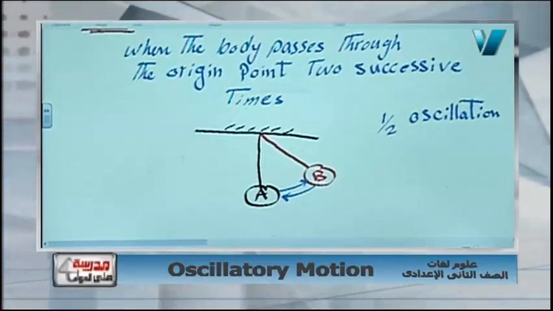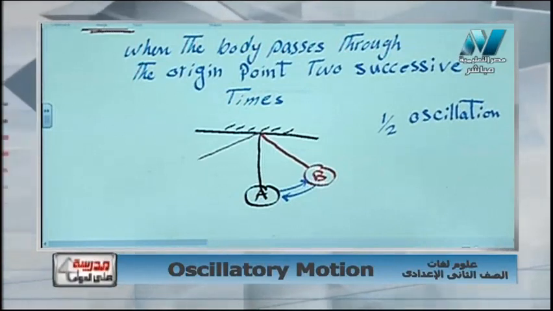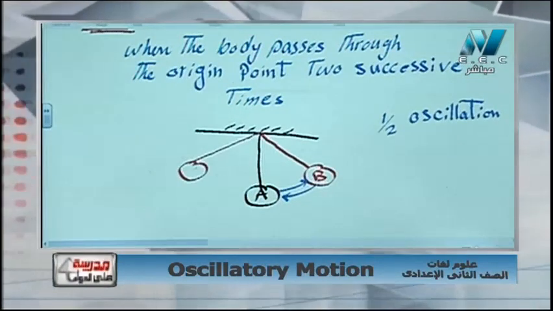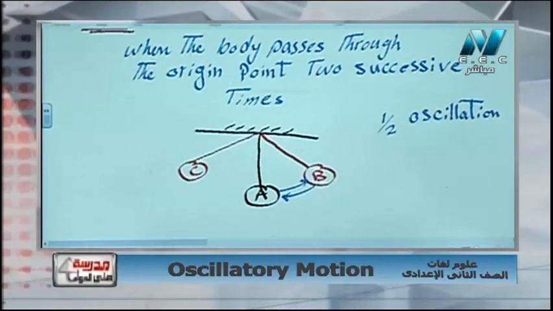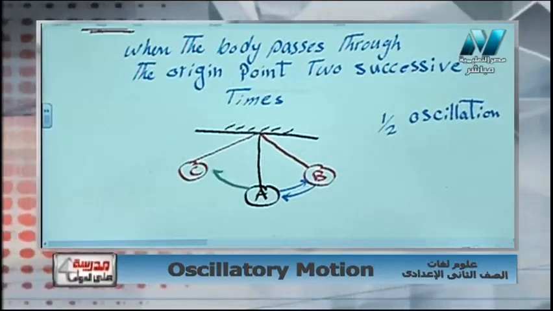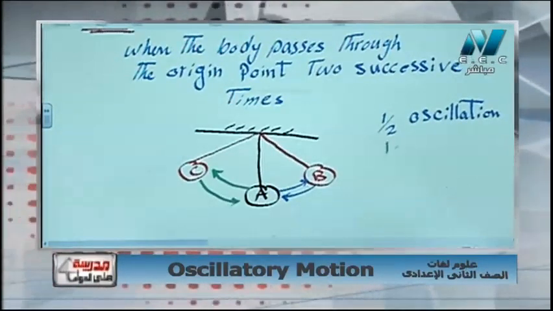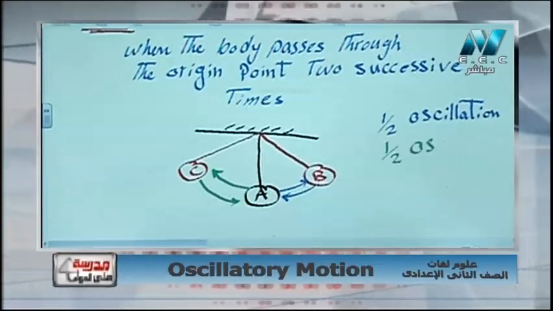Then the body moves from point A to point C in this direction, then returns back again. So we have another half oscillation.